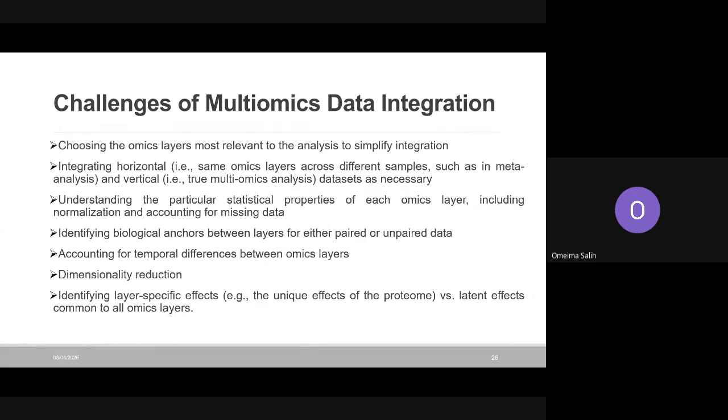So it's very difficult if you are studying different cells, because it gives you different data sets, and this is one of the challenges of multiomics.